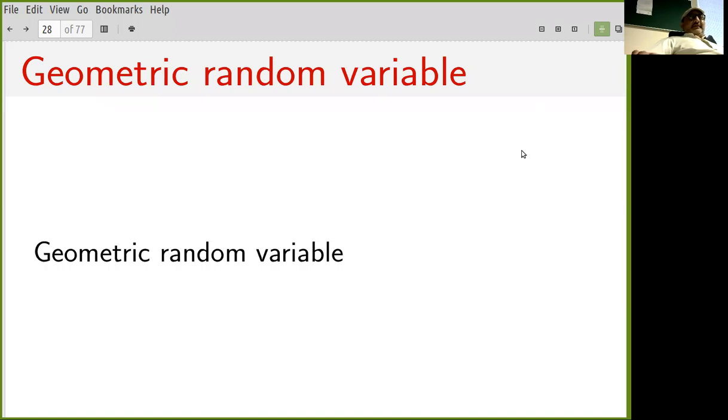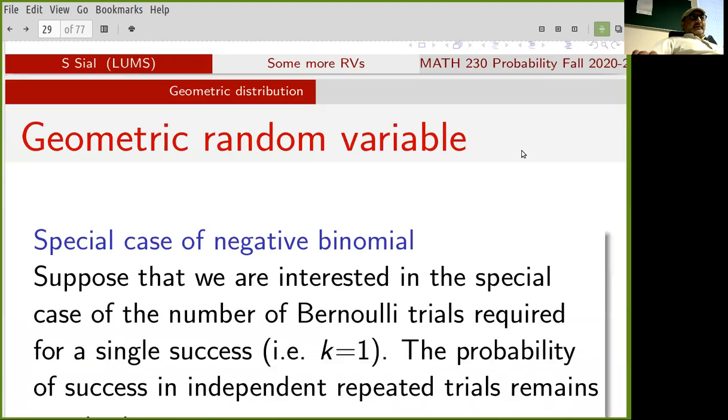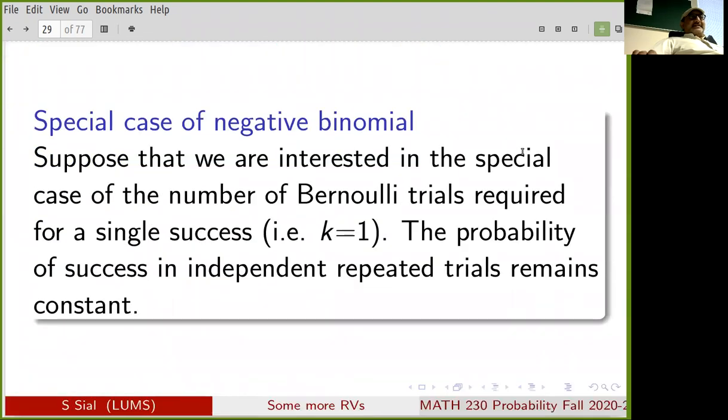Now we consider the geometric random variable. Okay, and this is a special case of the negative binomial. What we're interested in is how many Bernoulli trials we require until we get that first success, right? And again, each trial is independent. The probability of success and failure remain constant.